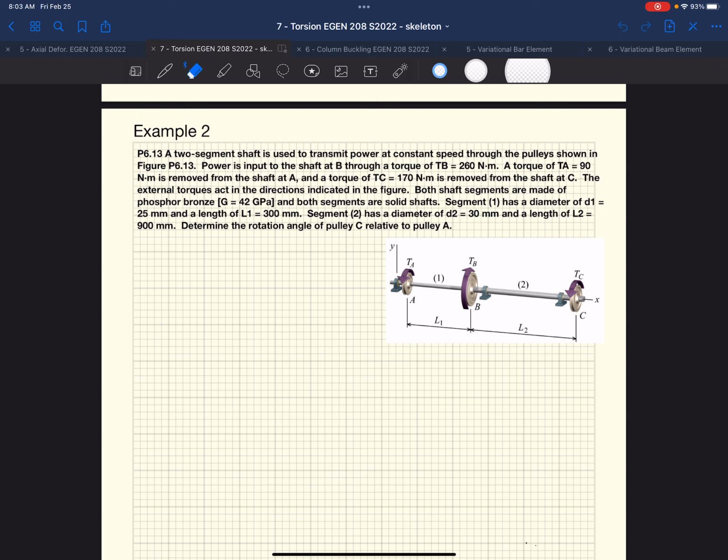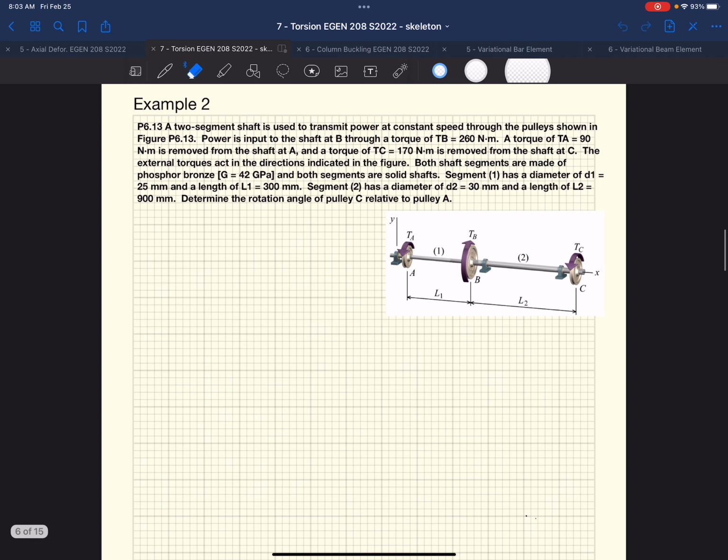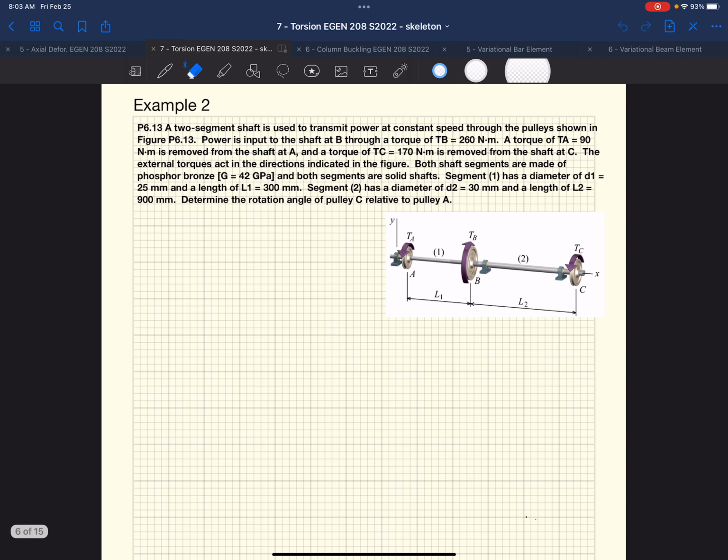So today we're going to start with another example. This type of setup is very common, where we are transmitting torque to different, say, pulley assemblies or different mechanisms that we're using. It might be gears, or in this case we have pulleys, where we have torques coming into and going out of this shaft.